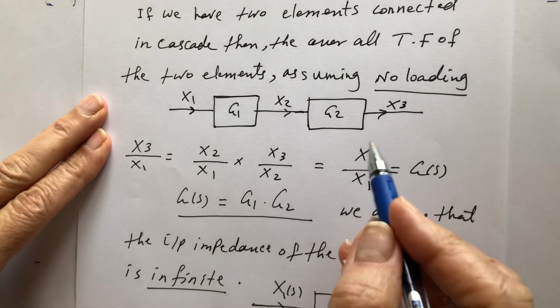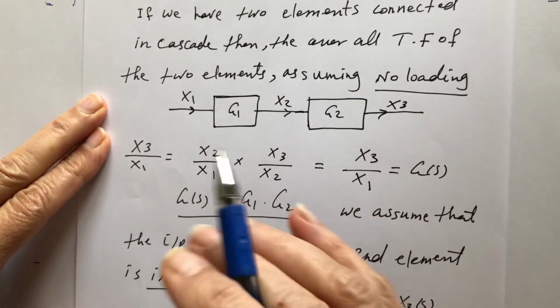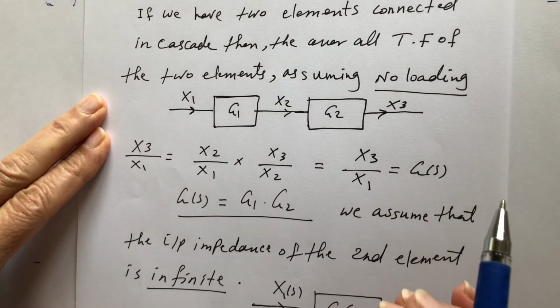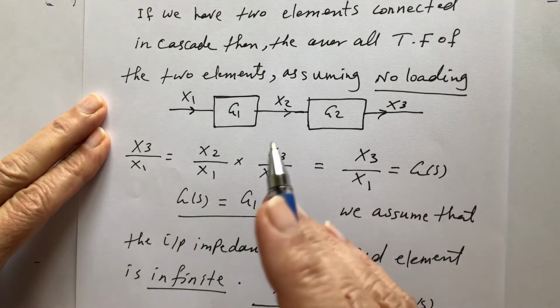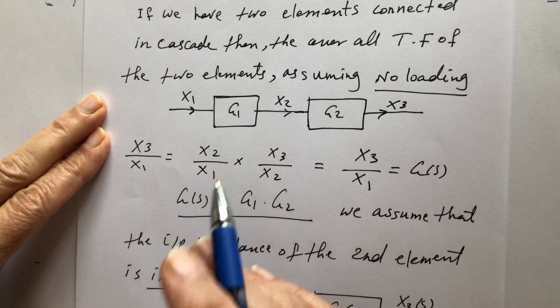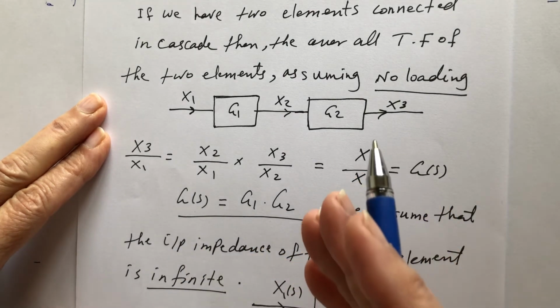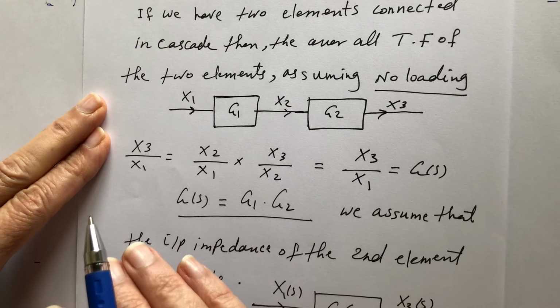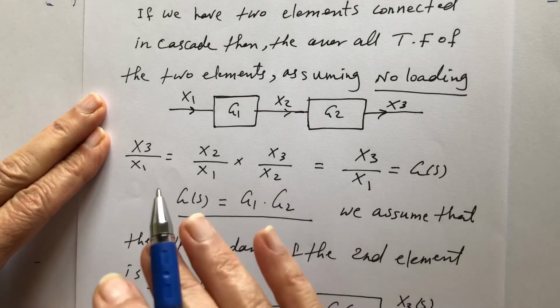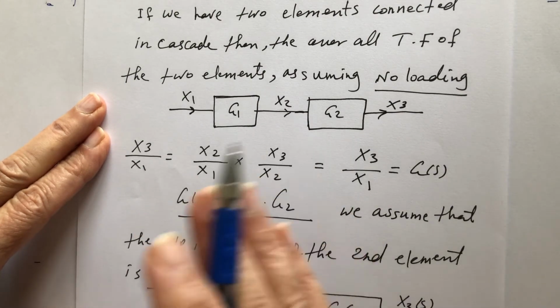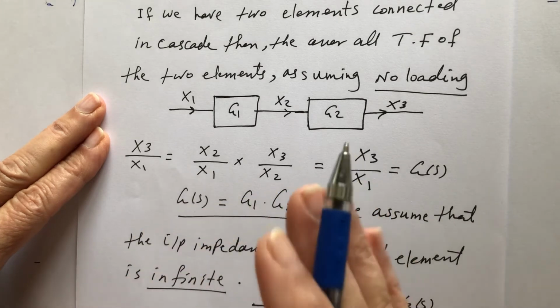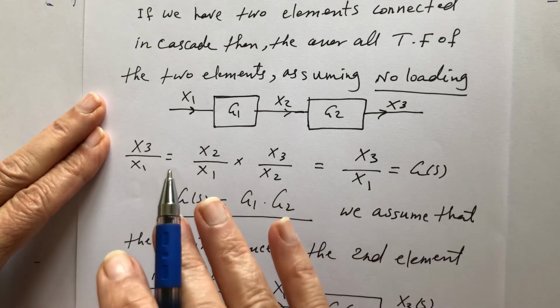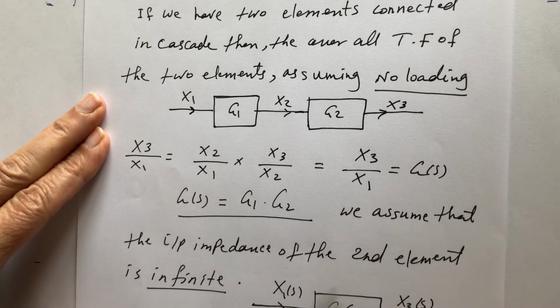You remember in control, we used to connect a load on the motor, and when we calculate the parameters of the motor, we calculate the effect of this loading on the parameters, like the moment of inertia and the damping. We said that the moment of inertia of the whole system, the motor and the load, is added together, and the damping as well. So this is called loading.